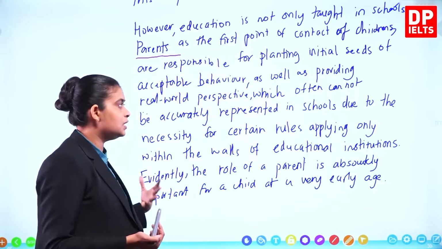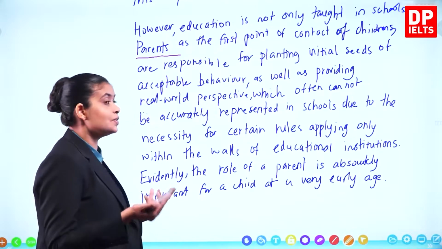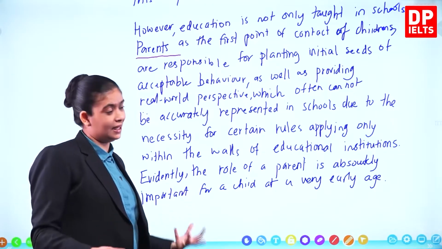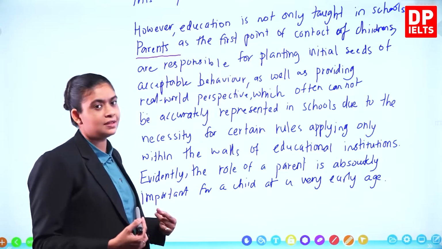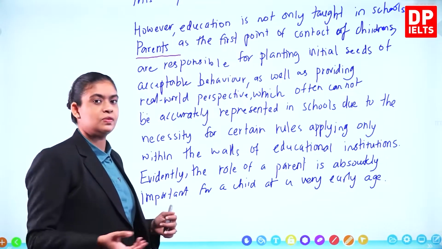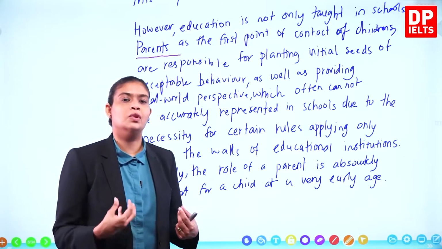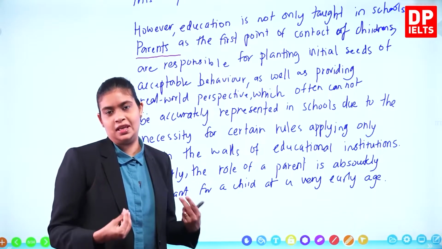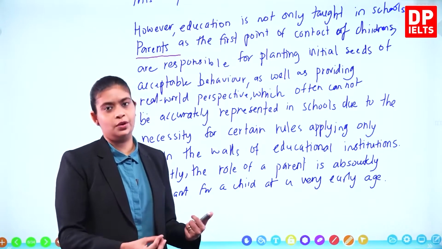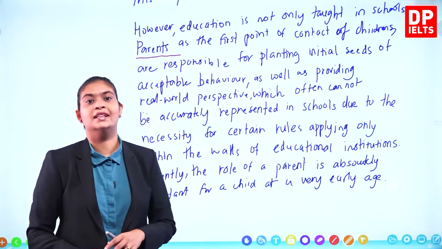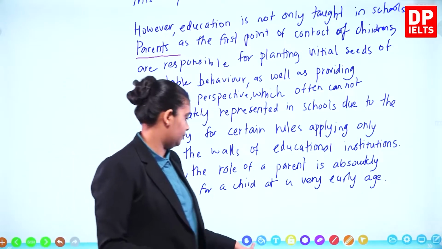Rather than schools doing that, it is schools' job role to make sure it is in place, but parents are really important because as this child starts growing at a very early age, parents are the ones who instill values and behavior patterns before they go to school. So that is what is outlined in the second body para.